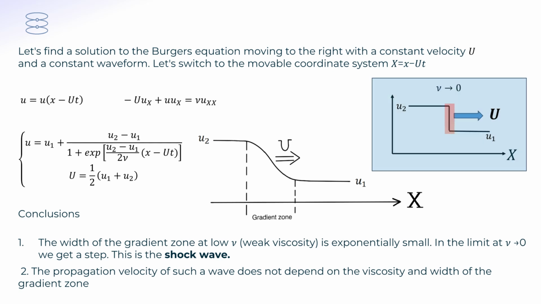This is the shock wave, and this is the velocity of propagation of this wave in the case of a very small coefficient of viscosity. The propagation velocity of such waves doesn't depend on the viscosity and width of the gradient zone.